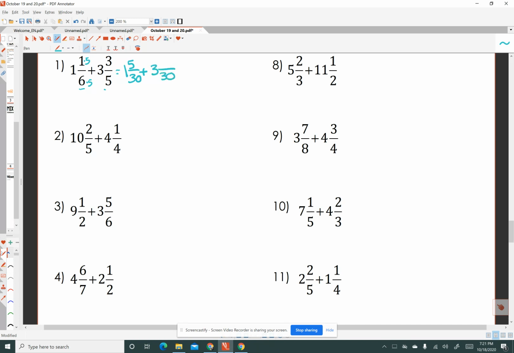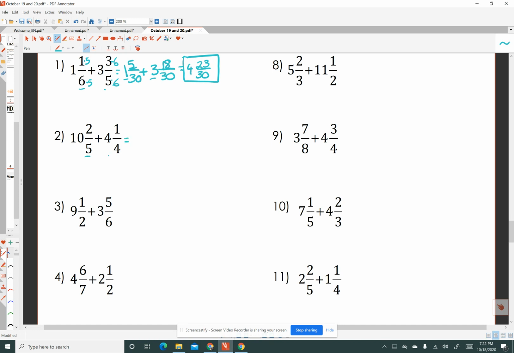How many 30ths? 5 times 6 is 30. 3 times 6 is 18, and 1 plus 3 is 4, working in 30ths. 18 plus 5 is 23, and that is already simplified. There's no factor that goes into both 23 and 30, so that is a final answer.